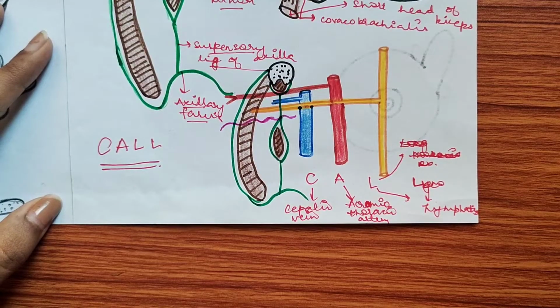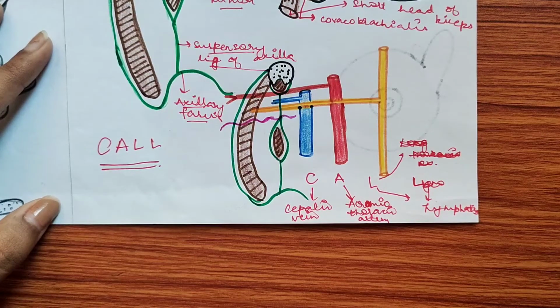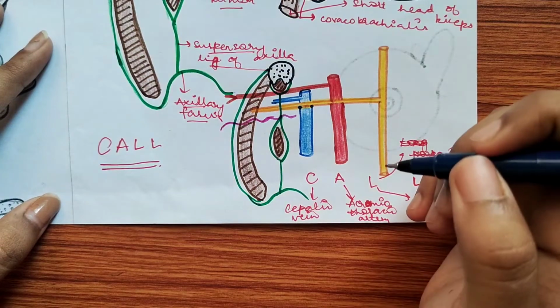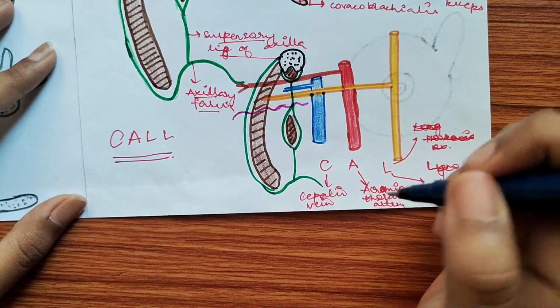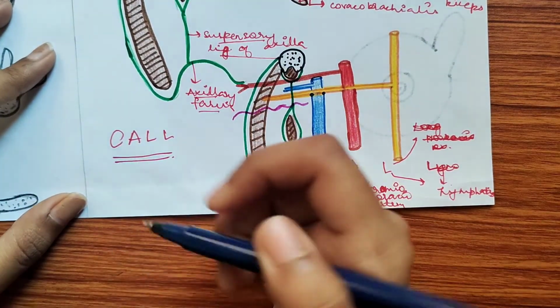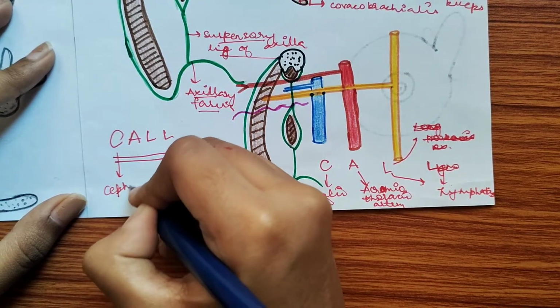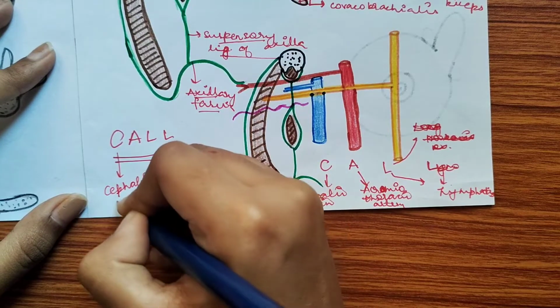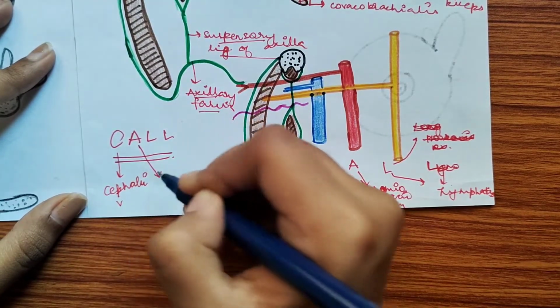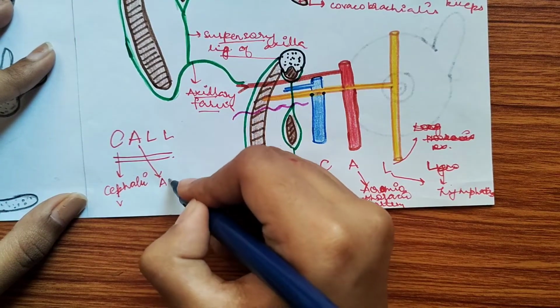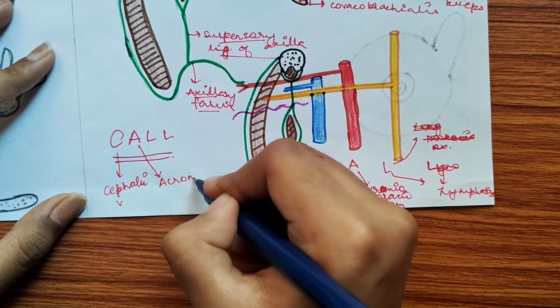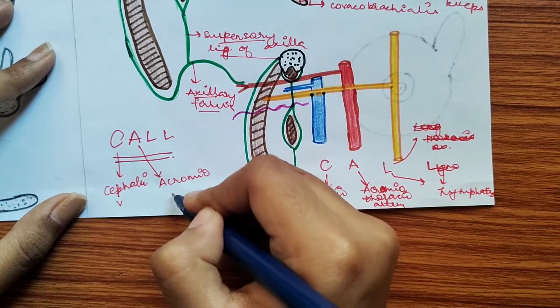Now, we'll look at the structures passing through the clavipectoral fascia. We can remember the structures passing through the clavipectoral fascia by a mnemonic called COL. The C here represents the cephalic vein, which is a branch of the axillary vein. The A here represents the acromiothoracic artery, which is a branch of the axillary artery.